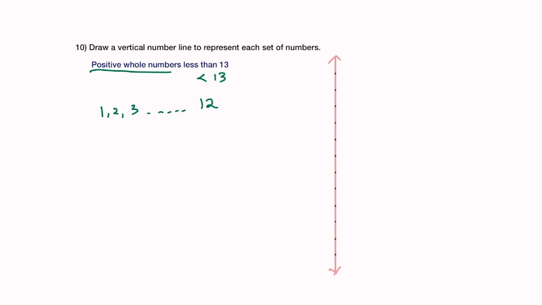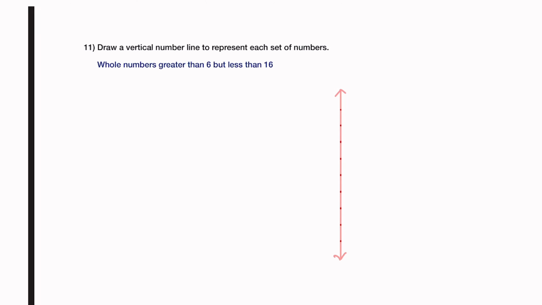So we start from 1. Okay, I'm not writing the whole list because you have to go up to 12. So that's 1, that's 2, that's 3, that's 4, that's 5, that's 6, that's 7, that's 8, that's 9, that's 10, 11, and 12. I like to write on both the sides so there's neatness on the line.